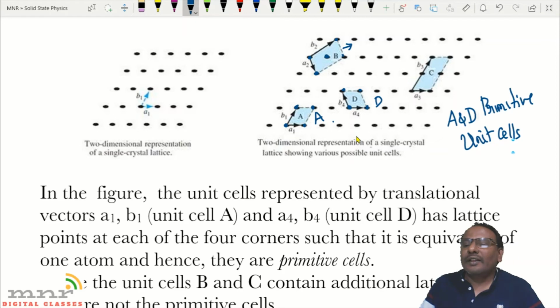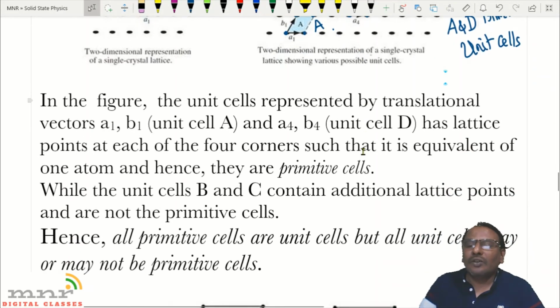Similarly, in the unit cell C, we have 4 atoms at the 4 corners and 2 additional atoms located on the 2 edges of the unit cell. Therefore, this also does not fulfill the definition of primitive unit cell. So this is a non-primitive unit cell. So we can conclude that in this diagram, A and D represent the primitive unit cell, while B and C represent non-primitive unit cells.